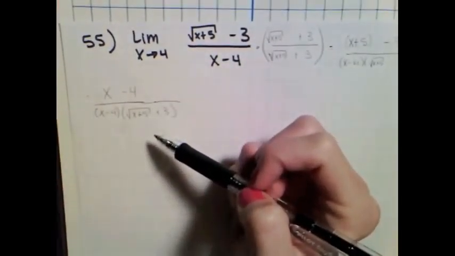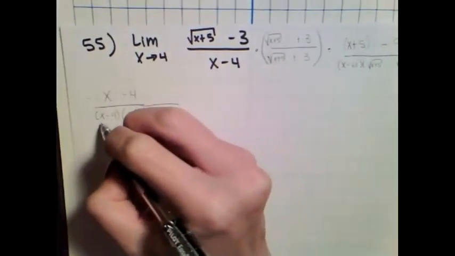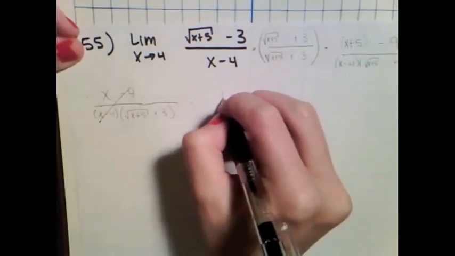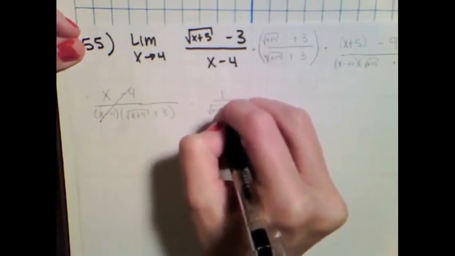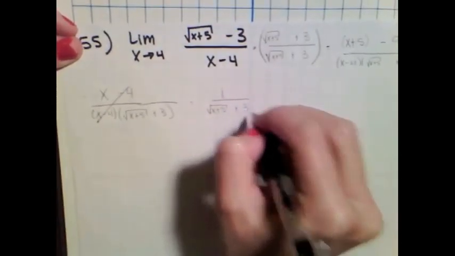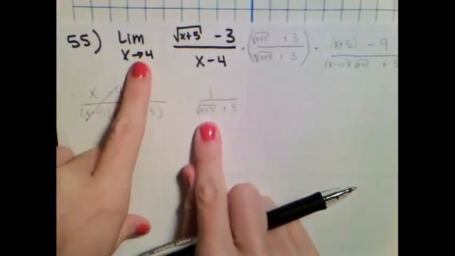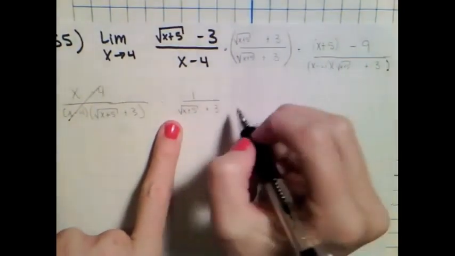Now, after doing some work there, we can see that we do have a common factor that we can cancel out. That leaves us with 1 over square root of x plus 5 plus 3. Now hopefully we should be able to plug 4 into our function to take the limit.